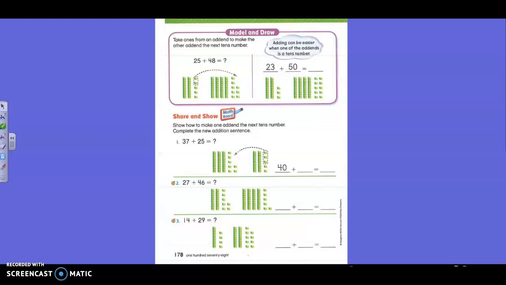So 5 ones is less than 8 ones. So they are taking 2 ones from the 5 and bringing them over to the 8 to make it 10.